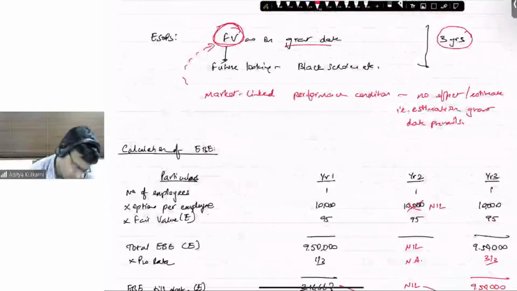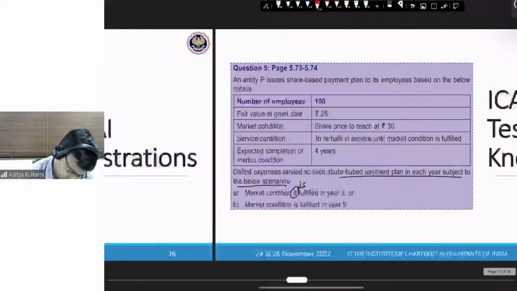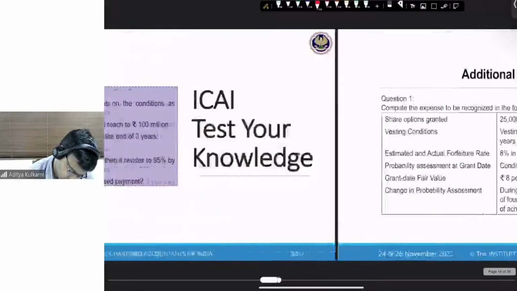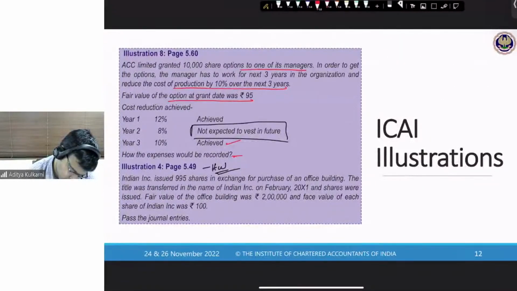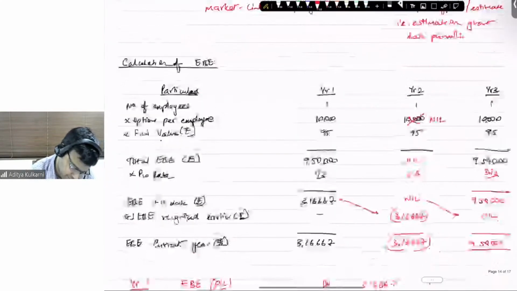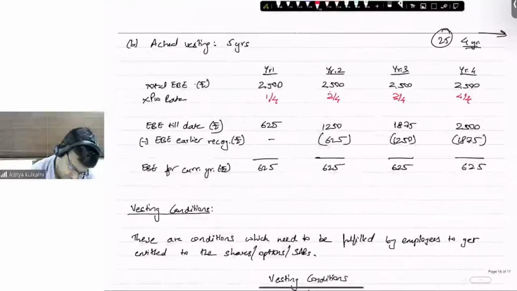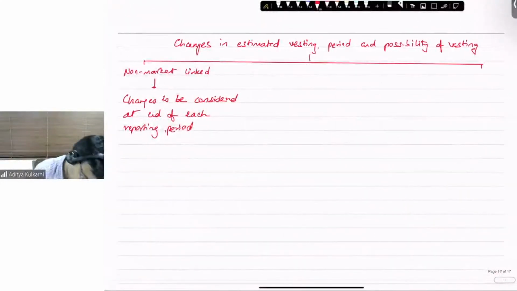Which question was that? Illustration 8.